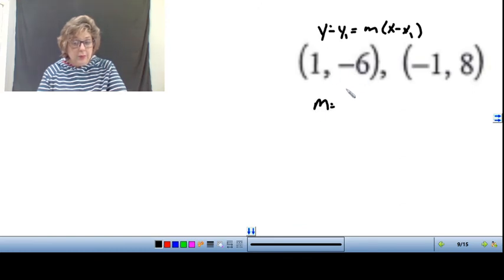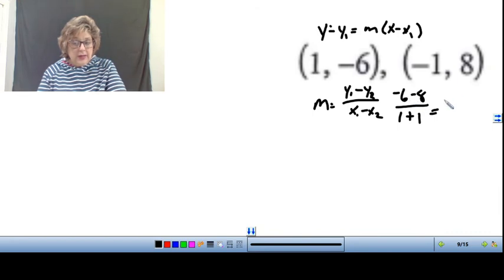Slope, remember, is the change in my y's over the change in my x's. So I'm going to say negative 6 minus 8 over the x's, which would be 1 minus a negative 1. So that's going to be negative 14 over 2, which is negative 7.